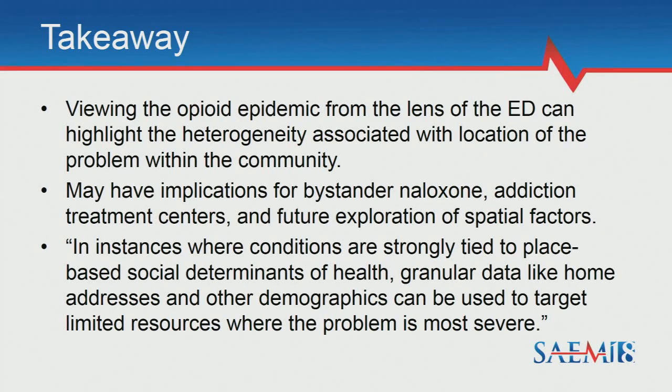So you don't have to do this retrospectively looking at a single disease, but if you a priori define the disease and have an ongoing surveillance, you might be able to deploy resources in real time. So I think it's a fantastic study that shows where the future of spatial epidemiology and emergency medicine can go.